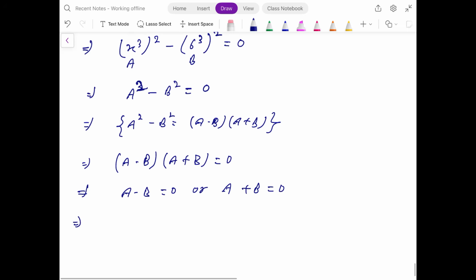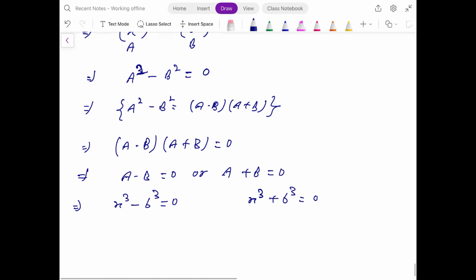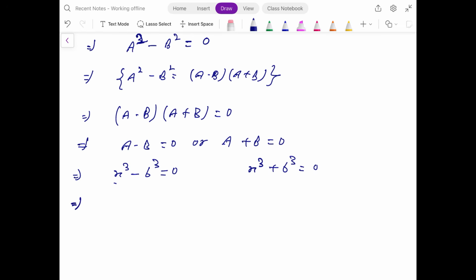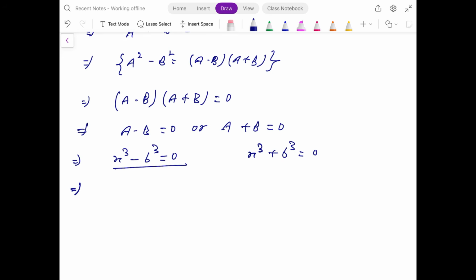So if we put again the values of a and b in these conditions, we have the following equations: x^3 minus 6^3 equal to 0 and x^3 plus 6^3 equal to 0. Further, in this equation on the left hand side, we use the identity of a^3 minus b^3, that can be written as (a minus b) times (a^2 plus ab plus b^2).